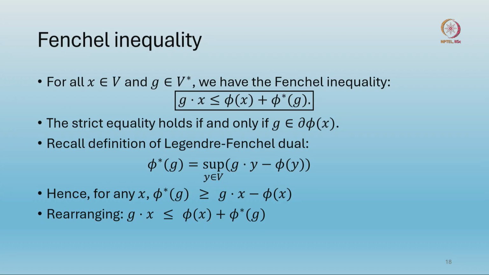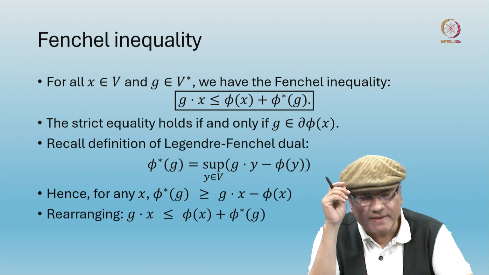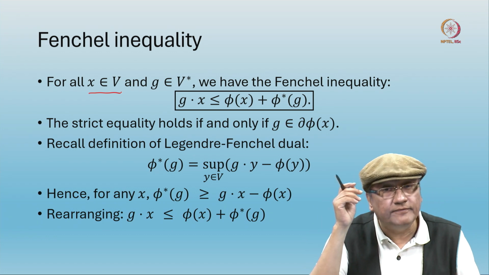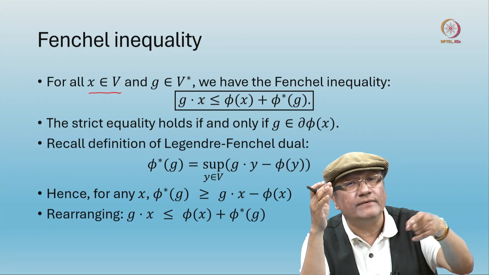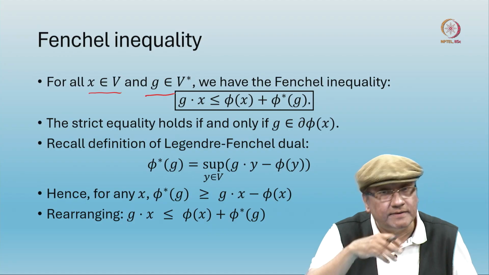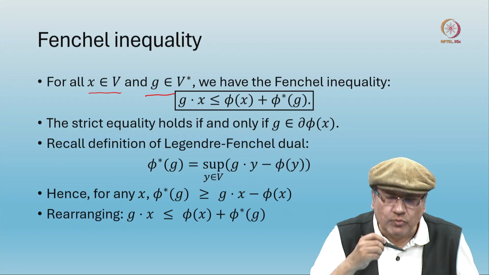Now, this is a very important thing, which is called the Fenchel inequality, right. What does it say? It says that for all x in V, think of again strain rates, and G in V star, think of stress in V star, we have the inequality.